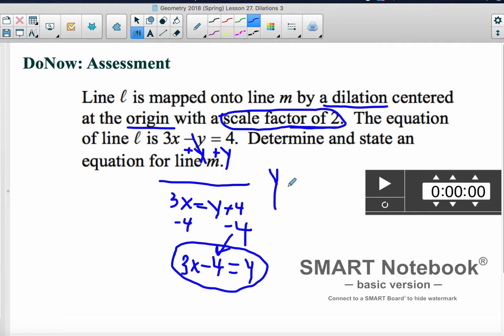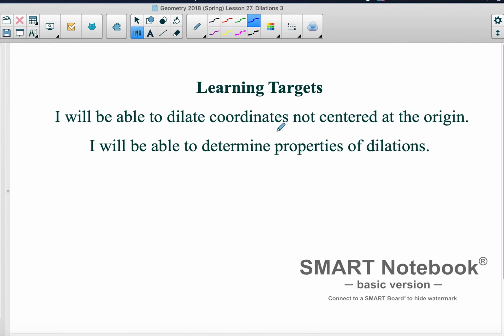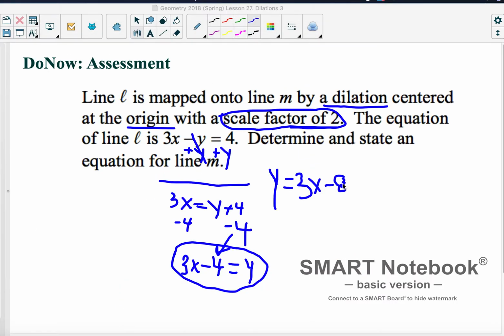So line M should have an equation of 3x minus 8, right? Because we know dilations preserve slope, and we're just changing that y-intercept by multiplying by that scale factor.